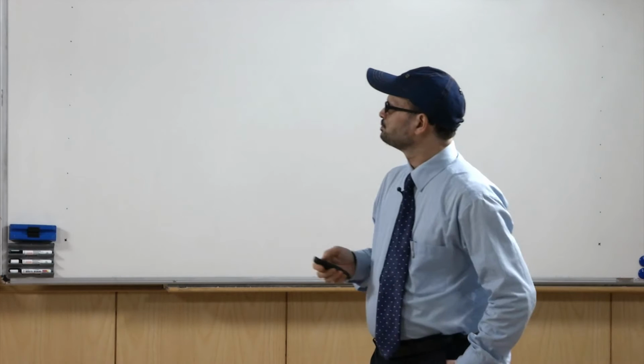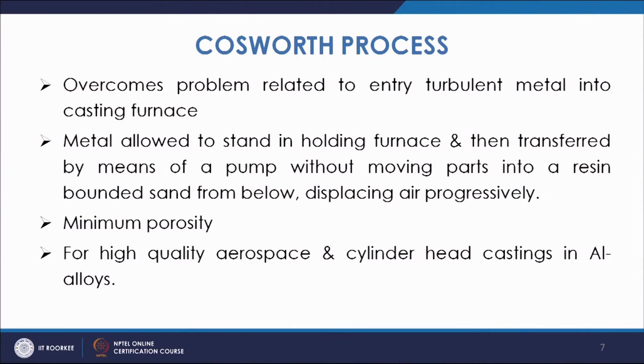So, here metal is allowed to stand in the holding furnace and then transferred by means of a pump without moving parts into a resin bonded sand mold from below, displacing air progressively.